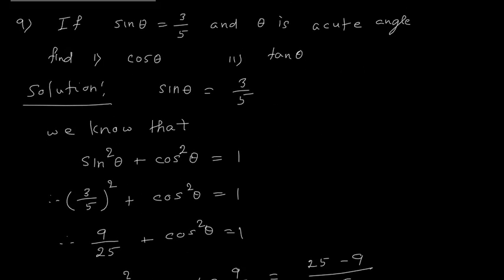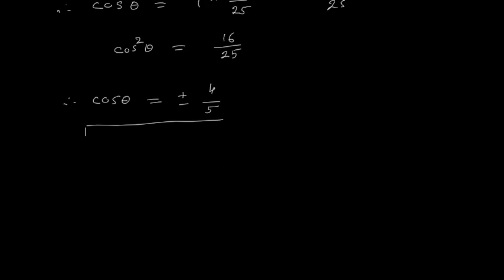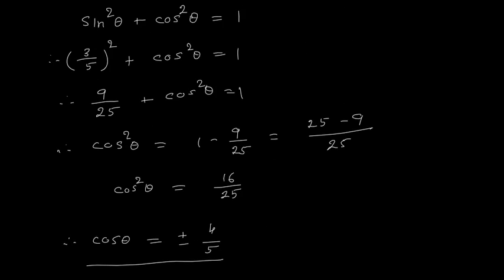Now, here it is mentioned that theta is acute angle. So, when theta is acute angle, all ratios are positive. So, I will say that since theta is acute angle, cos theta will be positive, that is 4 upon 5. So, sin theta is given, we got the value of cos theta.